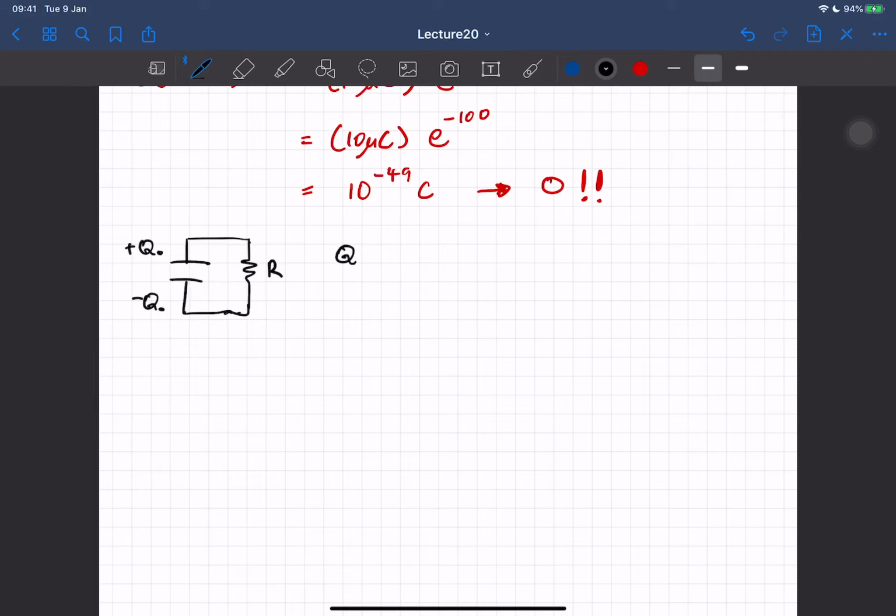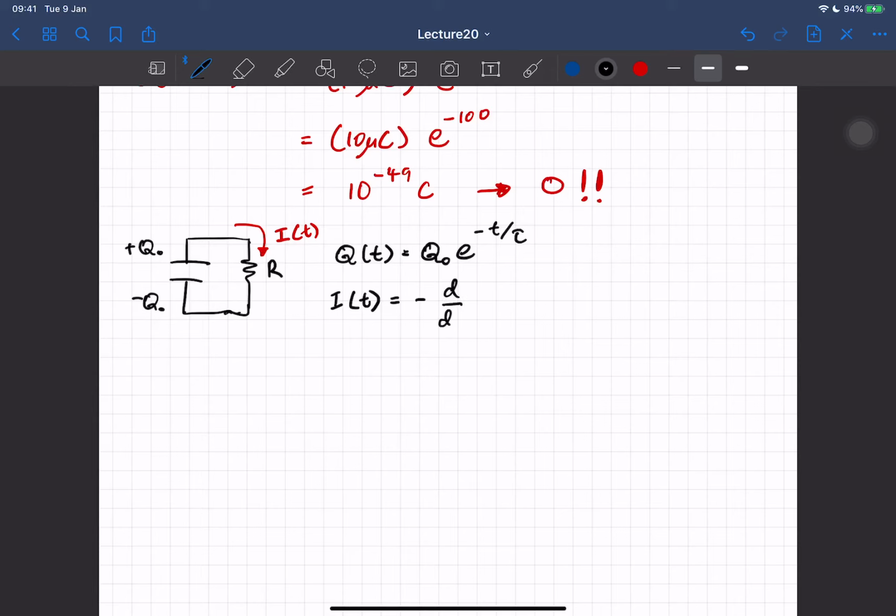But now we know that Q as a function of time is Q0 times e to the minus t over the time constant tau, and the time constant tau is R times C. Now we want to know the current. So the current is, again, our choice of calling this current to flow this way forces us to put a minus sign in here. Otherwise, it's not consistent.